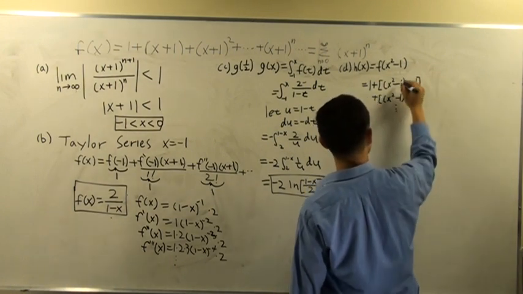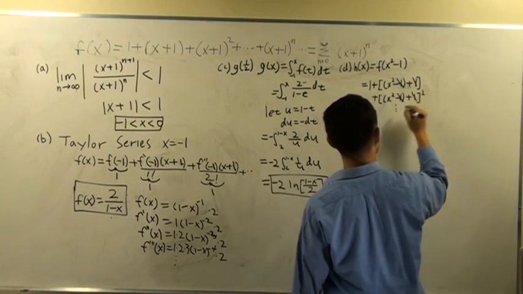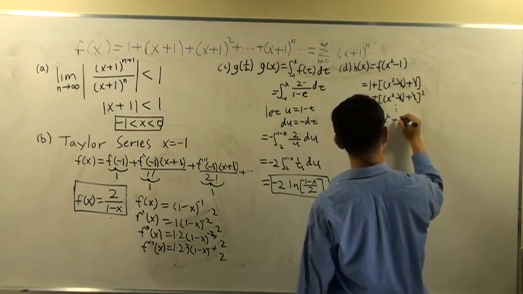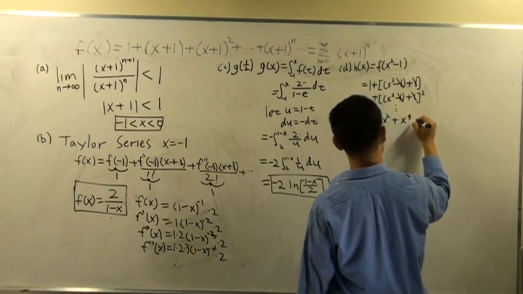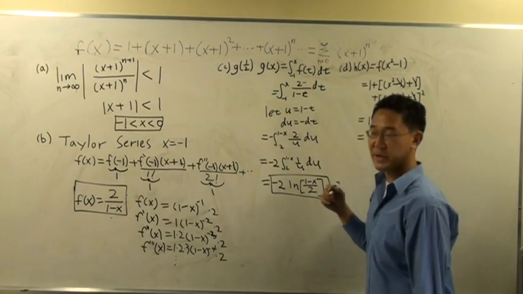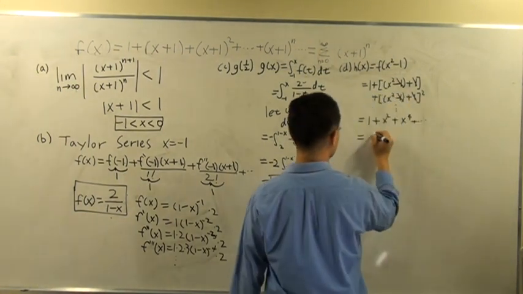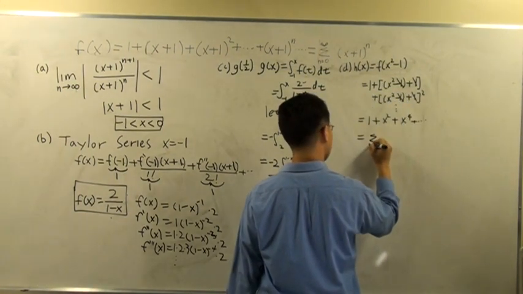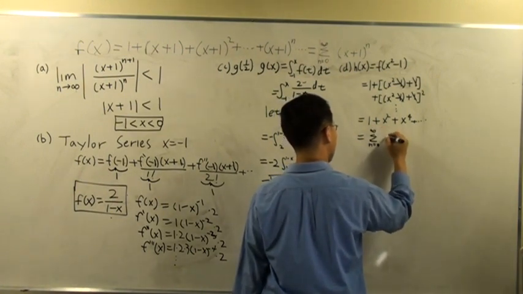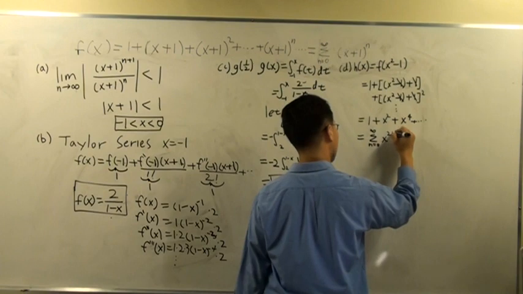And this expression is just 1 plus x squared plus x to the 4 and so on. And in summation notation, this is just the sum of n from 0 to infinity of x to the 2n.